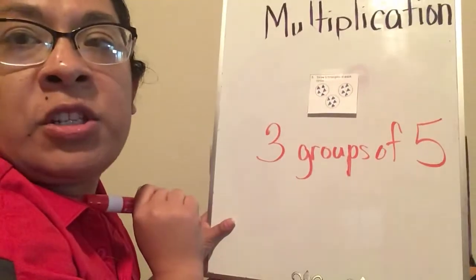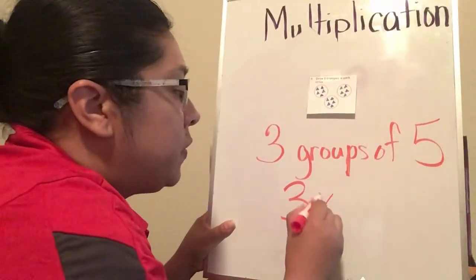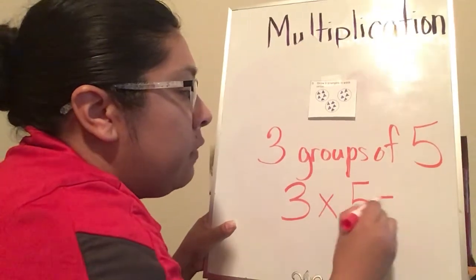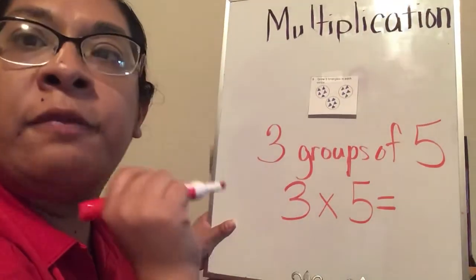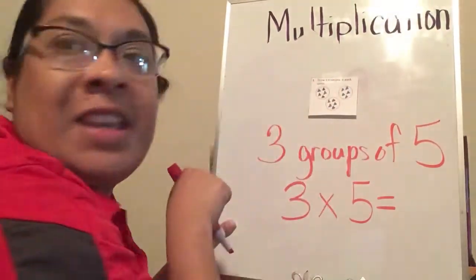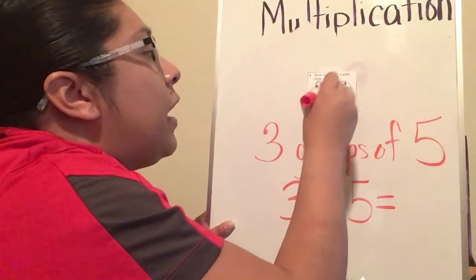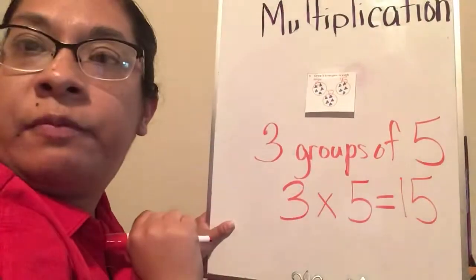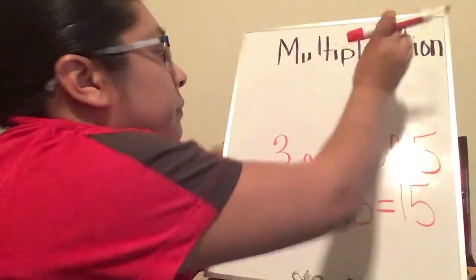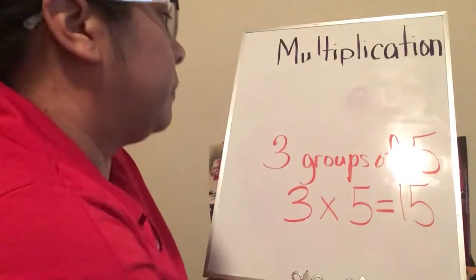And the multiplication equation would be 3 groups of 5. And what do we skip count by? That's right, 5. We skip count by what's in each group. So it'd be 5, 10, 15. Very good. One more.